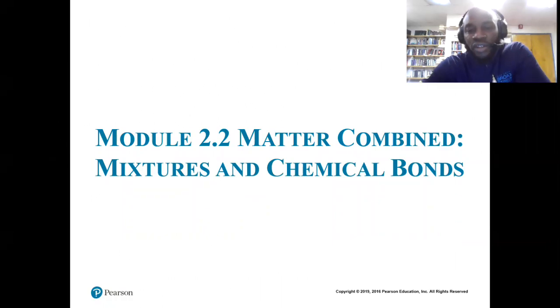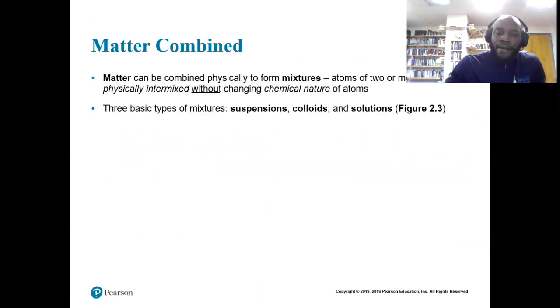So how does matter combine? This is also very interesting. Section 2.2. All right, so remember we talked about matter, solid, liquid, gases, but it can combine to form mixtures, atoms of two or more elements which are intermixed without changing the chemical nature of the atoms.